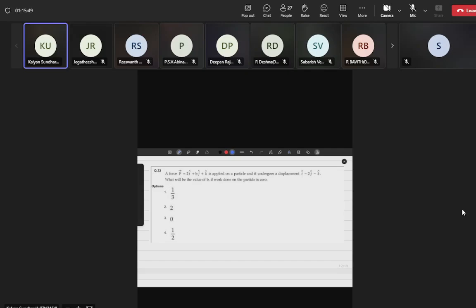Multiply the components, and together what overall work done do they give? 0. So this is 2 i cap and this is 1 i cap. So 2 minus 2b minus 1 will be equal to 0, correct? So 2b will be equal to 1, b will be equal to that's it.